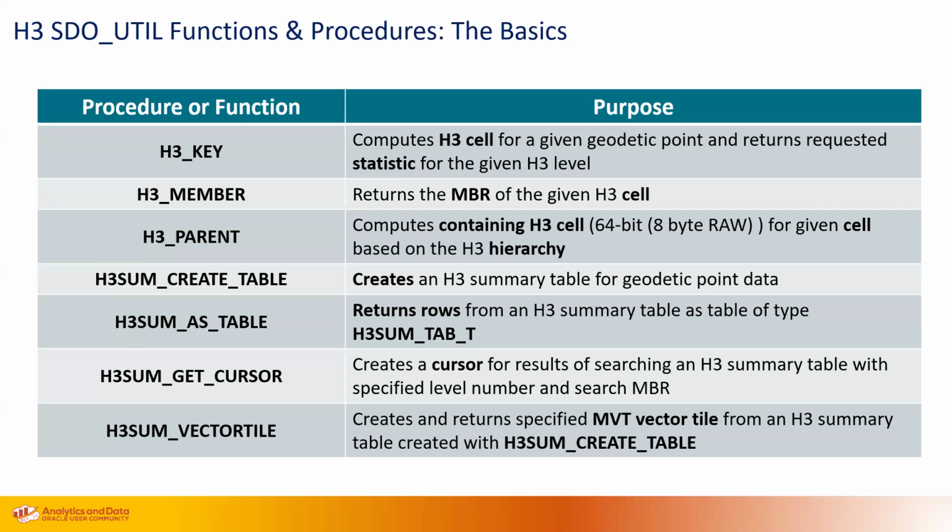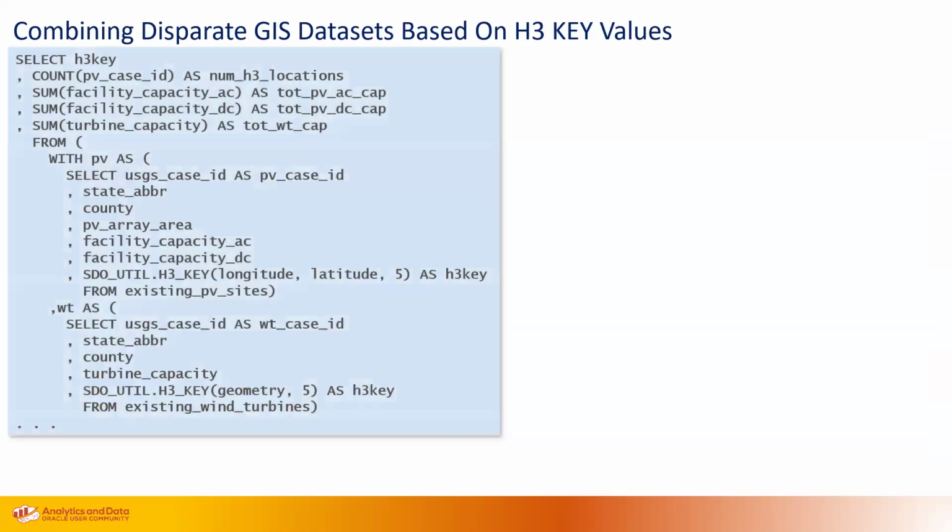Why is this called sum? It's about aggregating. Because I'm not so interested necessarily in just the points, but in high level information for those points. And I'll show you an example of it right now.